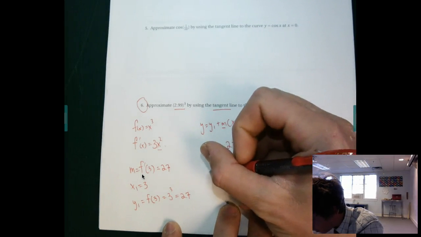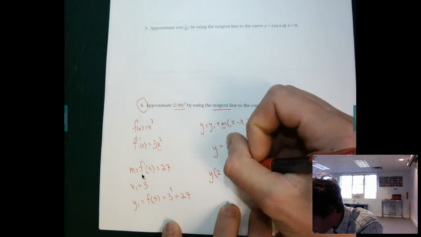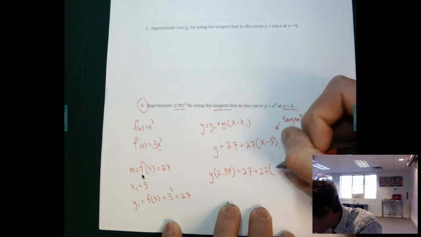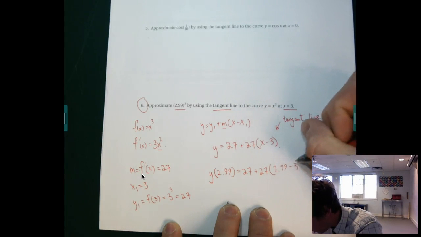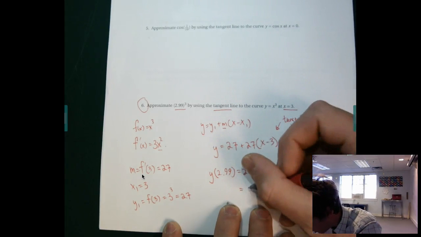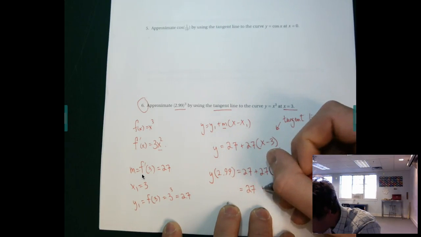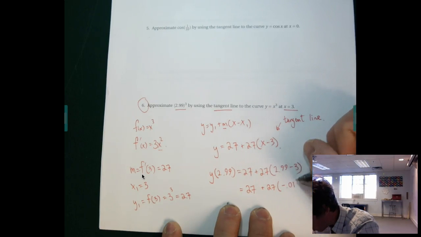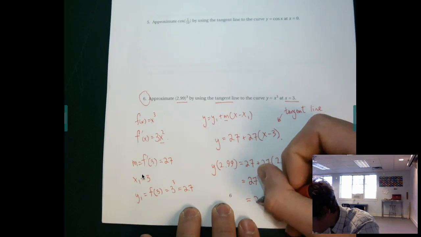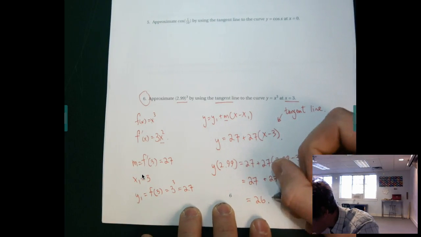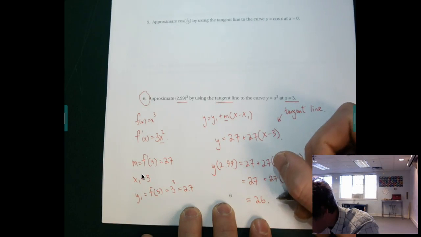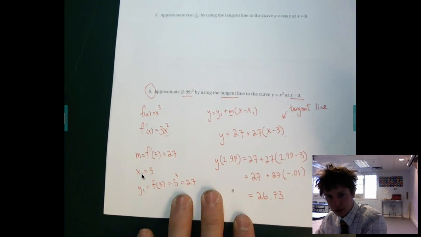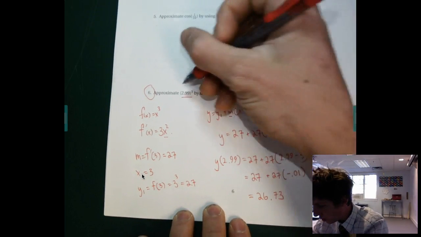So I have that y when x is equal to 2.99 should be 27 plus 27 times (2.99 minus 3), which is, let's see, 27 plus 27 times negative 0.01, which is 26.73. So that's my approximation to 2.99 cubed.